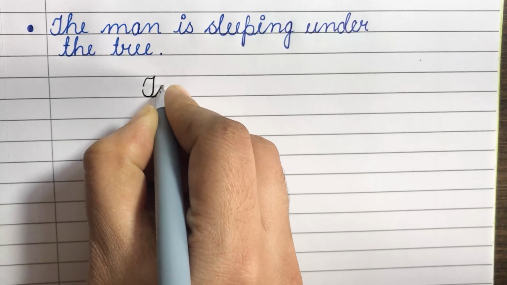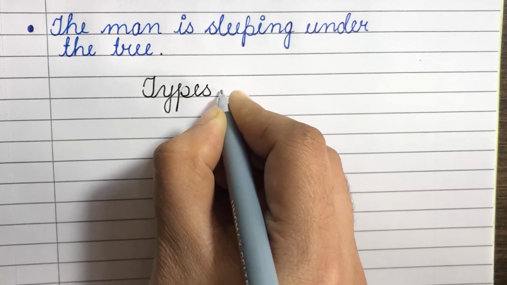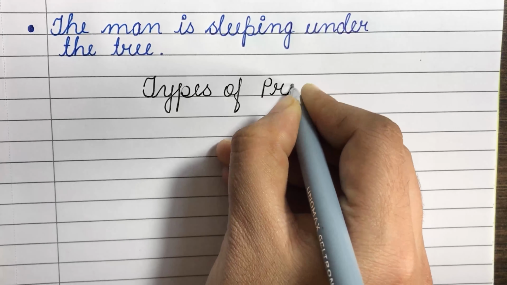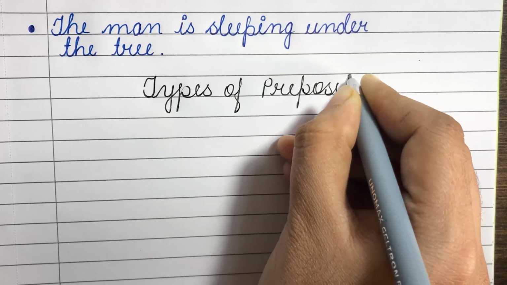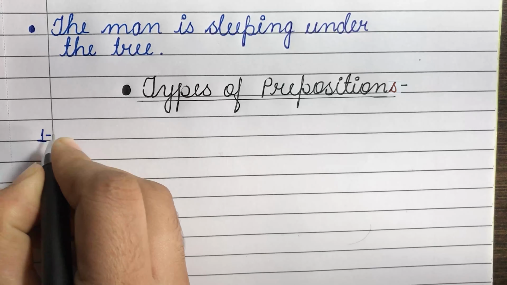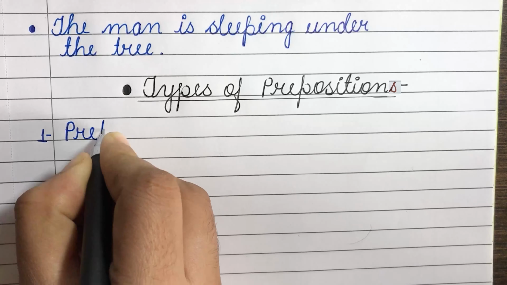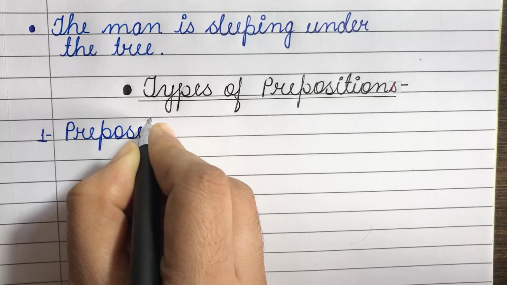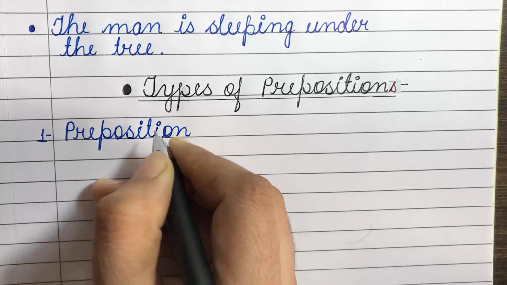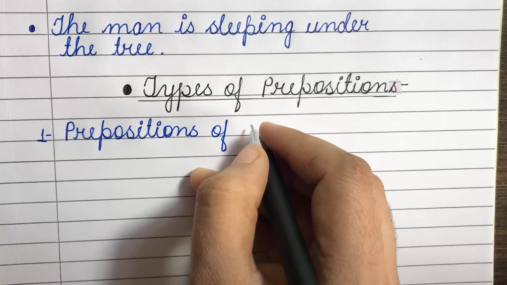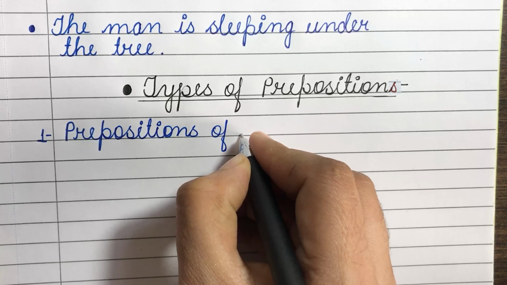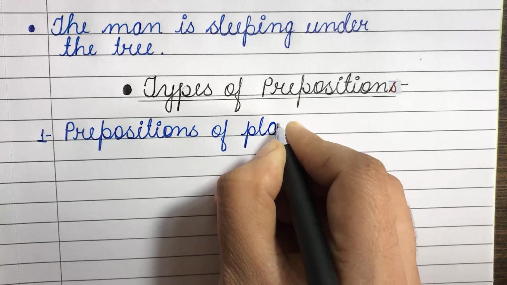Now, let's write the types of preposition. Number one is prepositions of place.